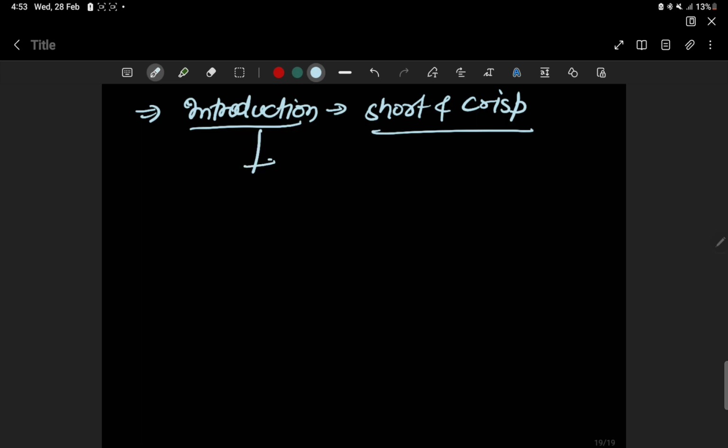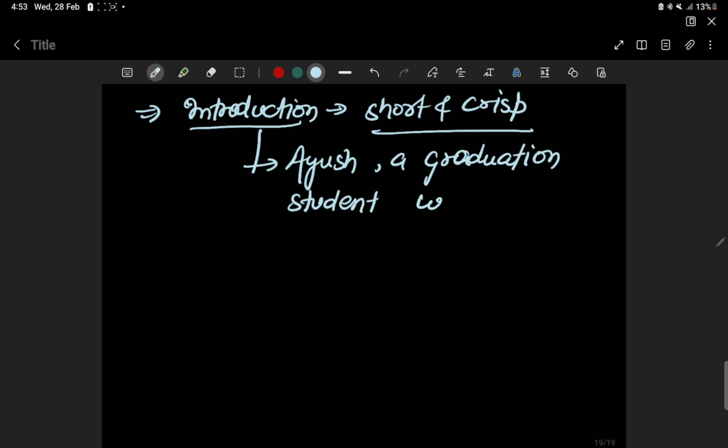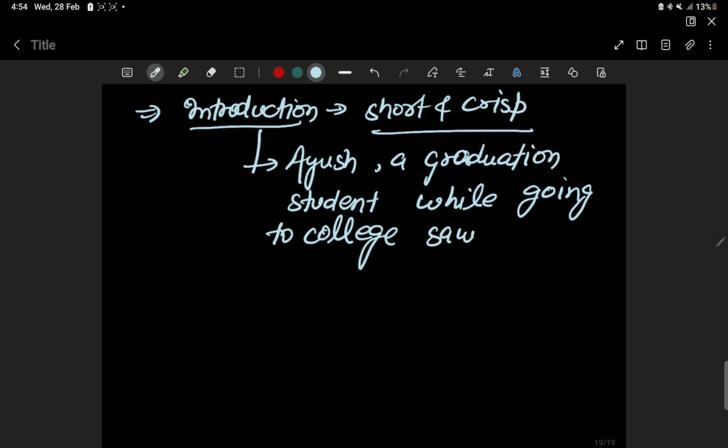Like if you say, suppose Ayush, a graduation student, while going to college saw an accident. Like this is your action.